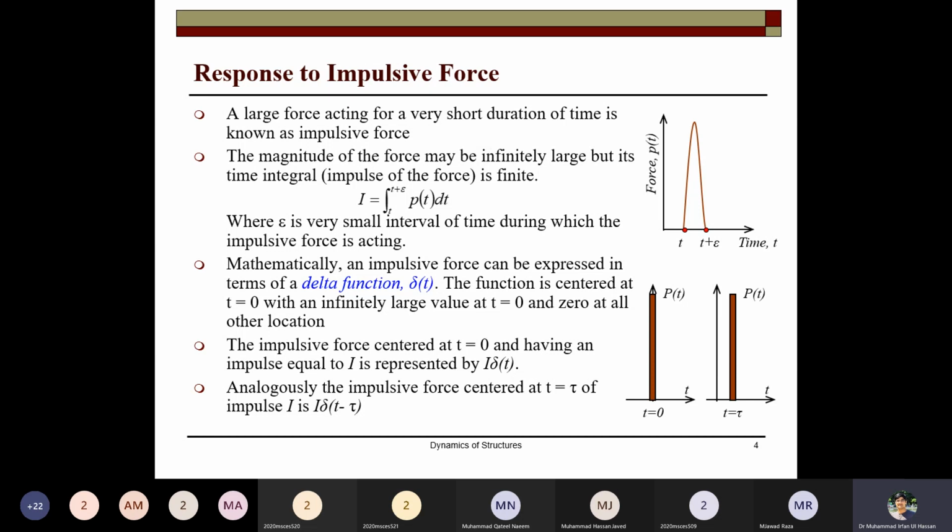Let's say from t to t plus epsilon increment, there is a force, and you can compute the impulse, the force into the time. So epsilon is a very small interval of time. So mathematically, an impulsive force can be expressed in terms of the delta function. The function is centered at t equal to 0, with an infinitely large value at t0 and 0 at all other locations.